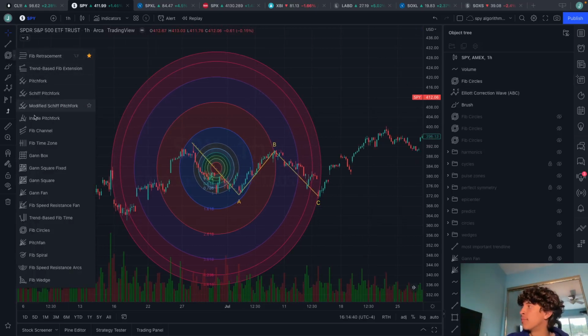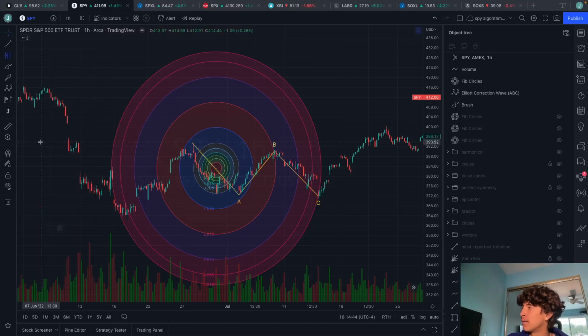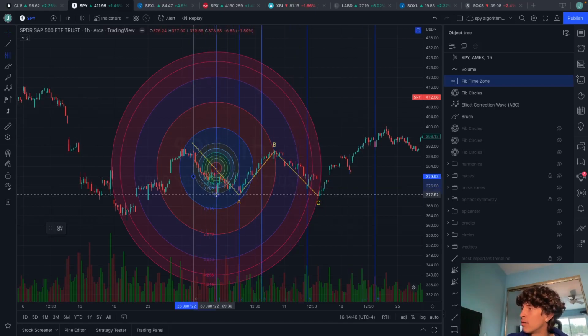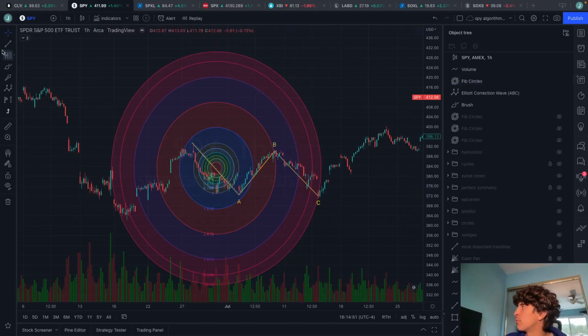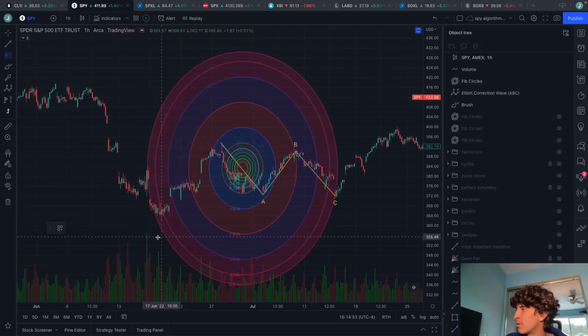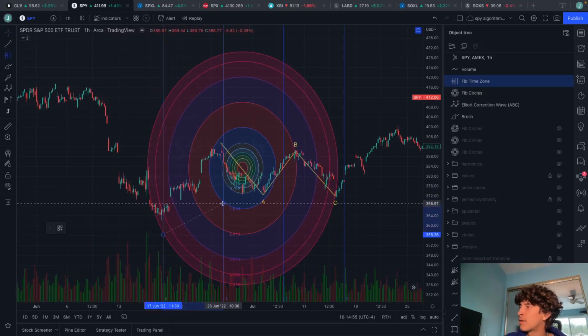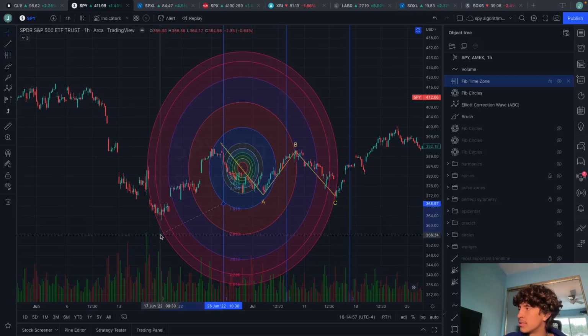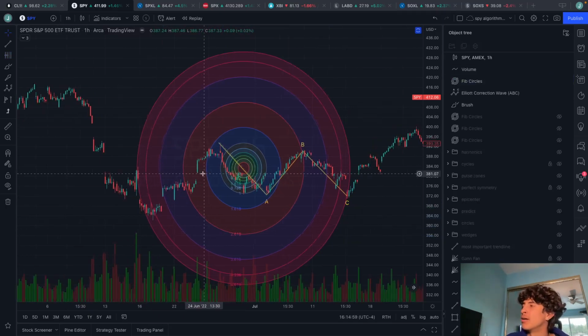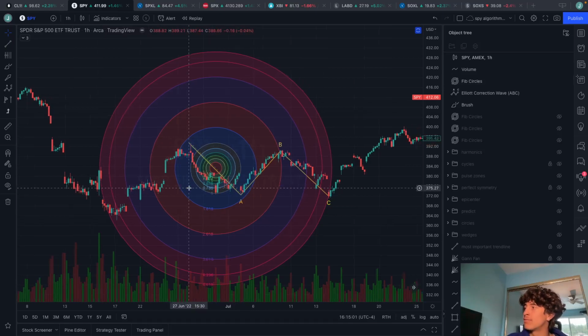You can also combine this with these fib trend lines, or Fibonacci time zones, from the high to the low. Sometimes you have to experiment with where these work best. Sometimes you have to work from the beginning of the cycles. I'm not going to look at this too much because you can look at it on your own, but regardless, you have these fib circles.